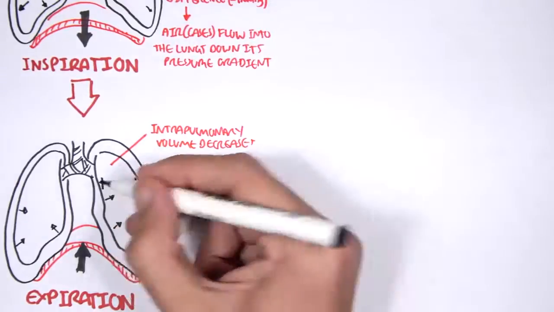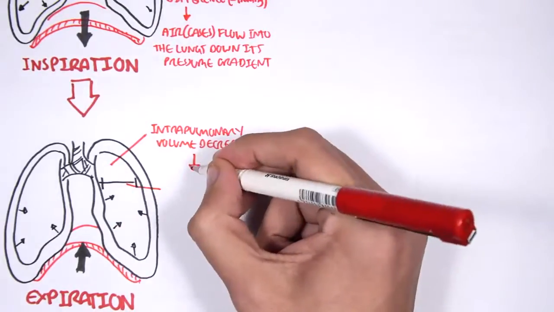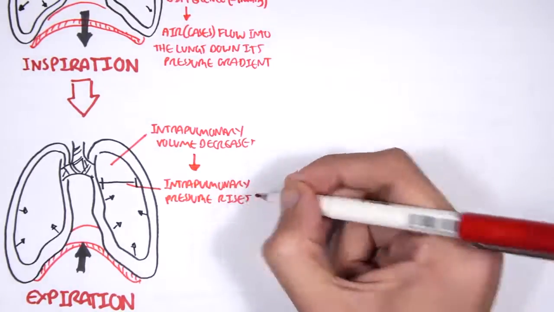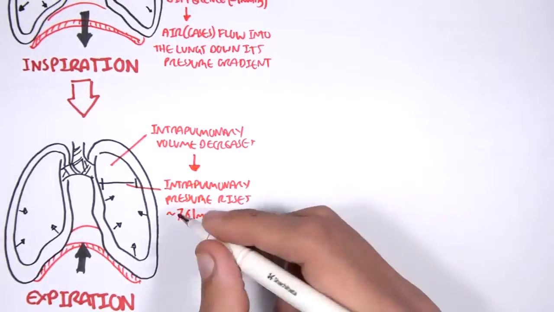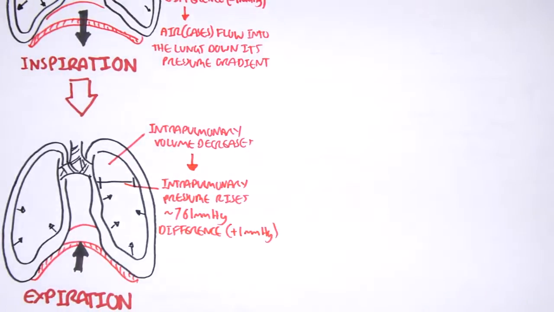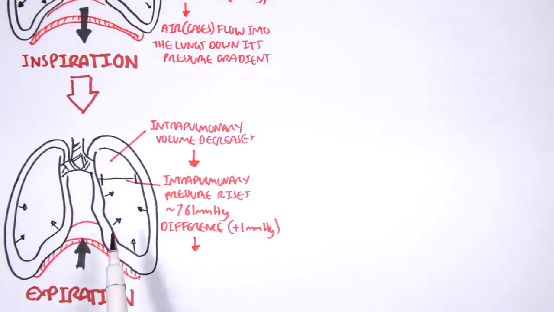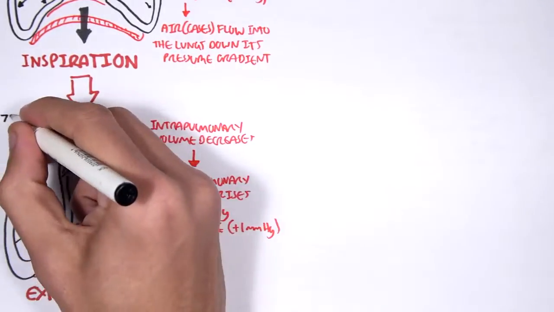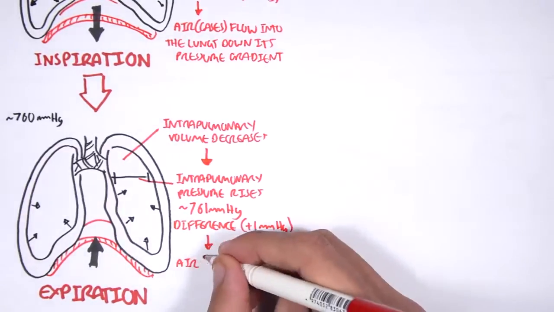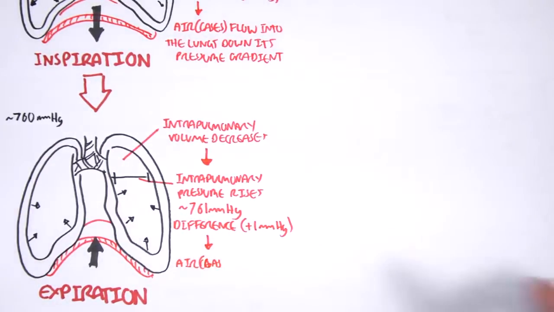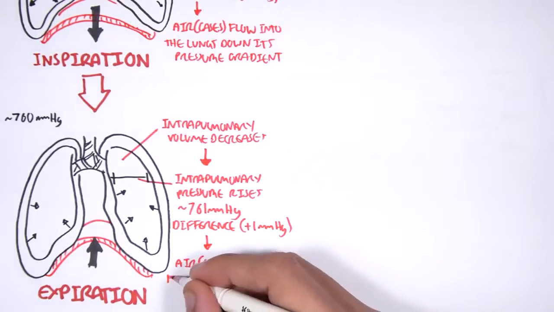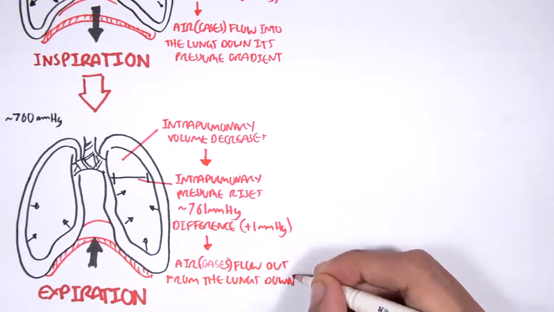A decrease in intrapulmonary volume will mean that the intrapulmonary pressure will increase to 761 millimeters mercury, 1 above the atmospheric pressure. And so knowing the rule of gases, gases will move out from the lungs into the air outside, down its pressure gradient.